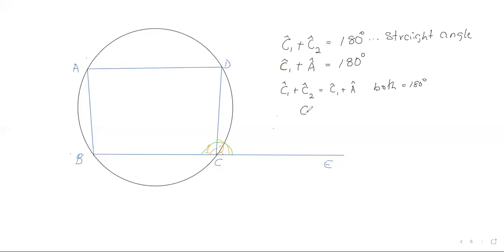Now, C2 will equal angle A. I hope you see that when I transpose this C1, it will come here to be minus, and that will drop. Therefore, angle C2 is equal to angle A. There's your angle C2 equal to angle A.